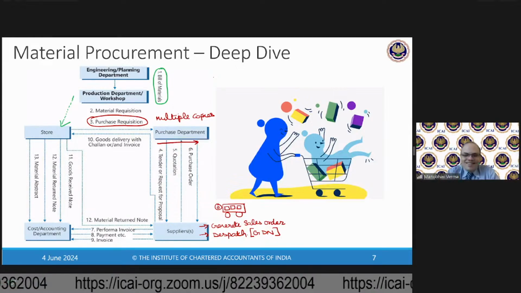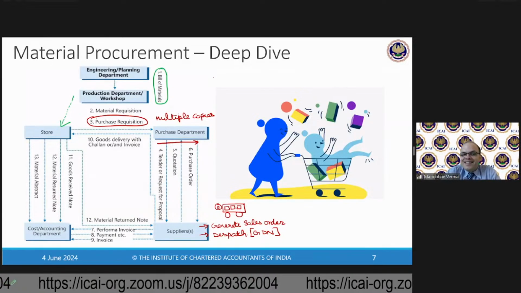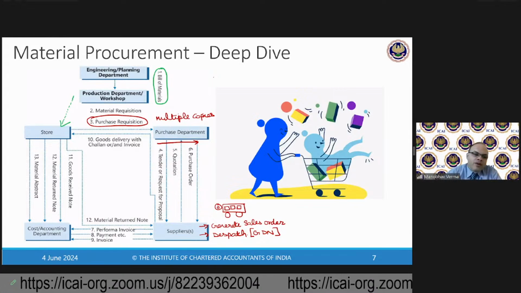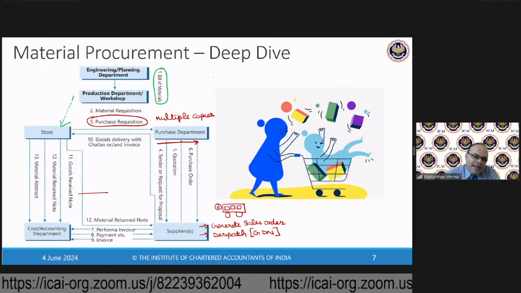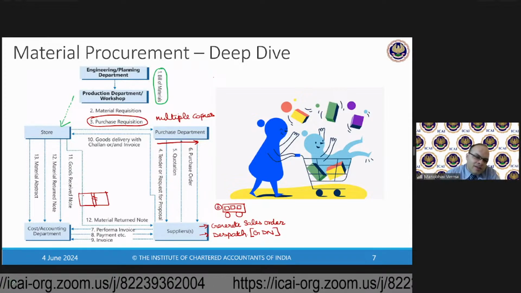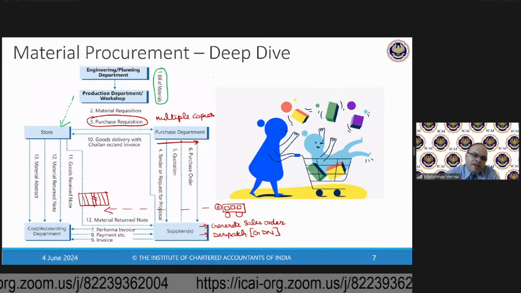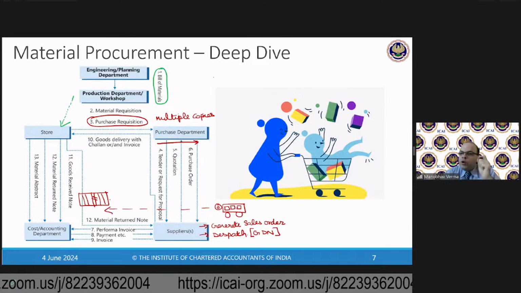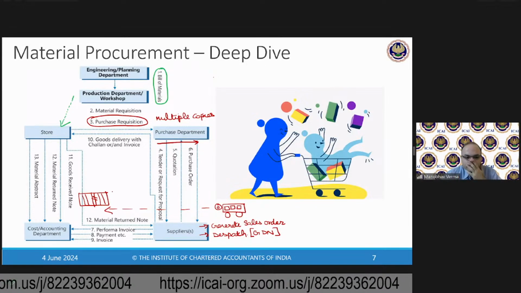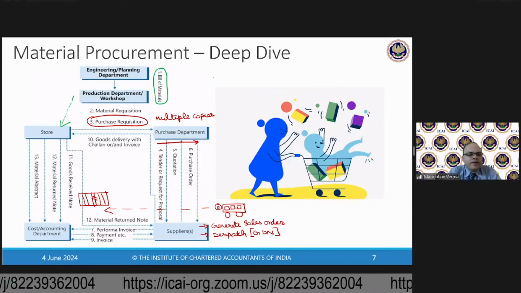Yes or no? That storekeeper would have been anticipating that delivery. We are talking about a factory gate here. Once these goods arrive, the storekeeper would be already having a copy of the purchase order, so you will tie it with whatever goods are received.